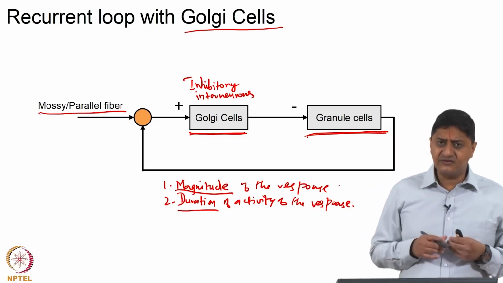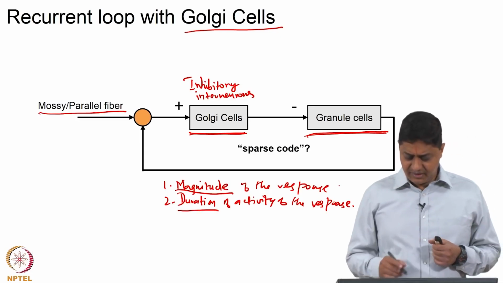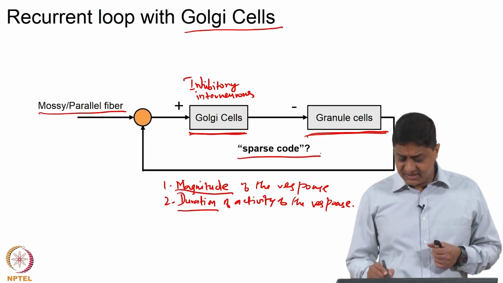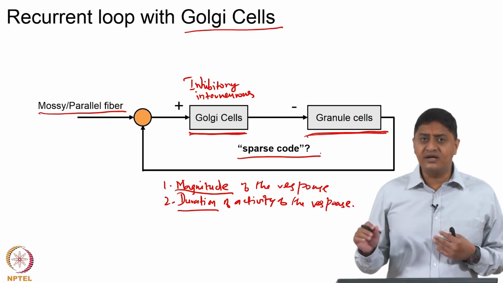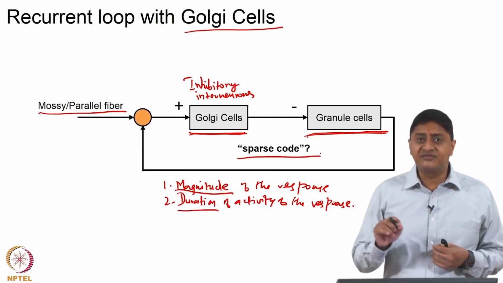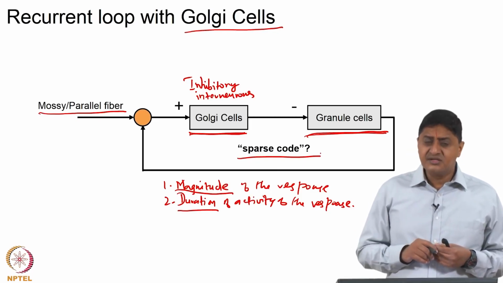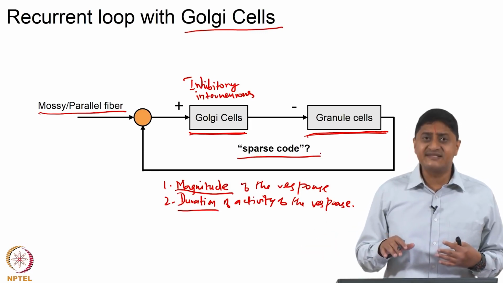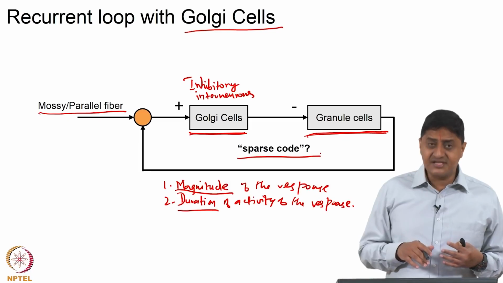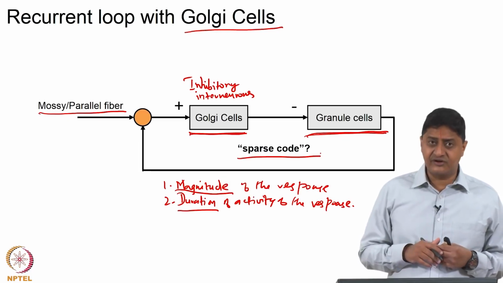One hypothesis about this function of Golgi cells is that in some sense the Golgi cells are encoding a form of sparse code, right. So, you want to keep a whole bunch of granule cells silent, and Golgi cells perform this crucial function.